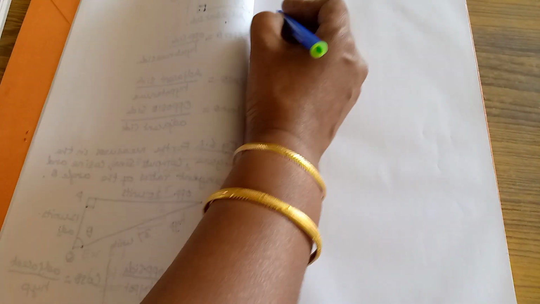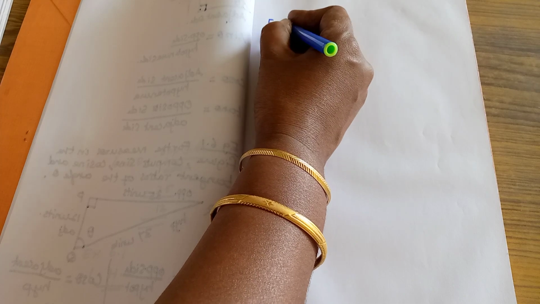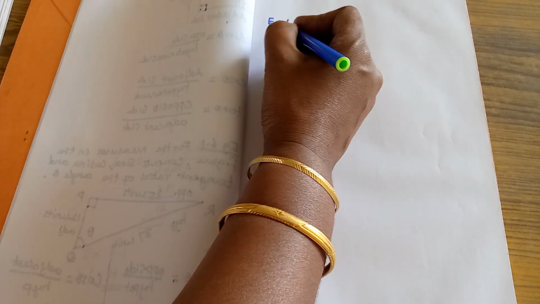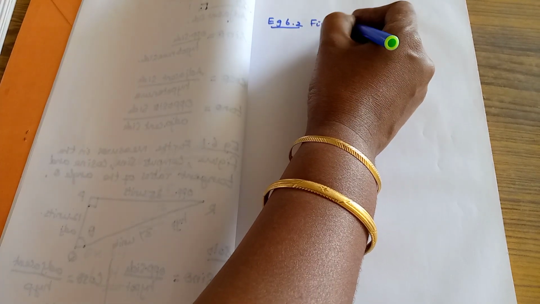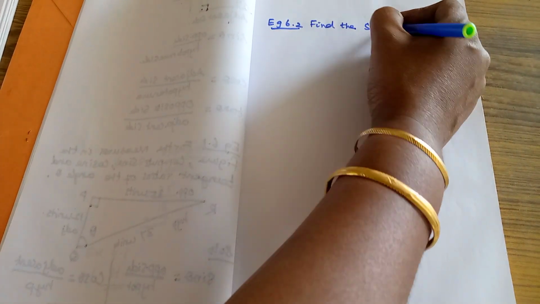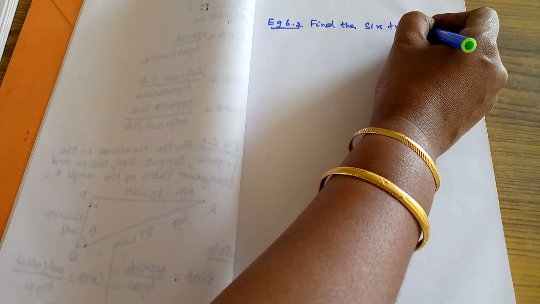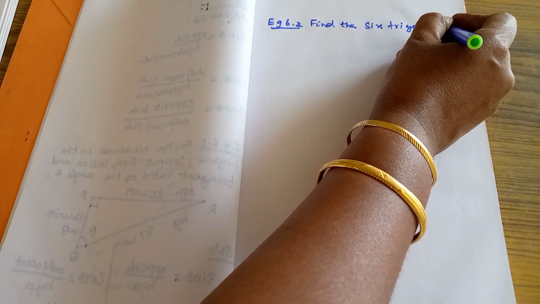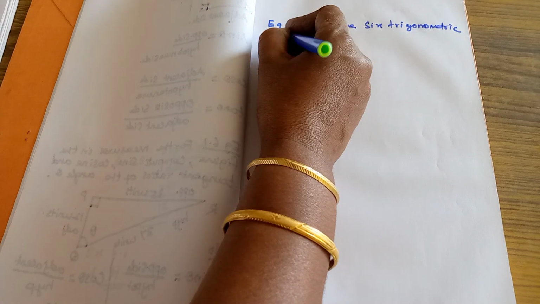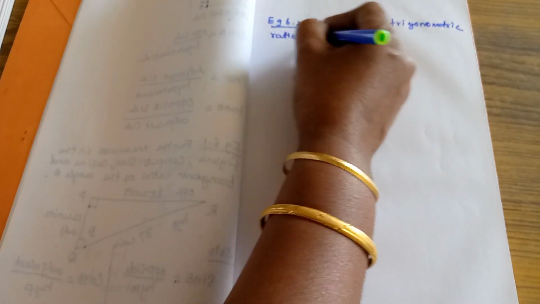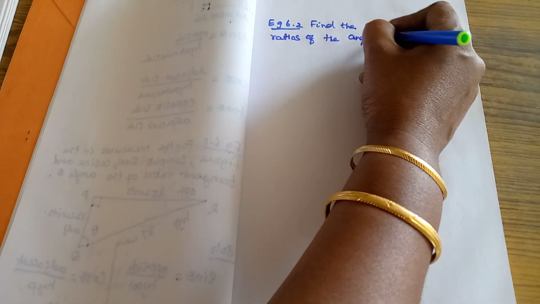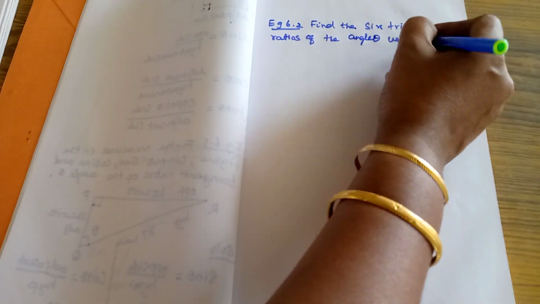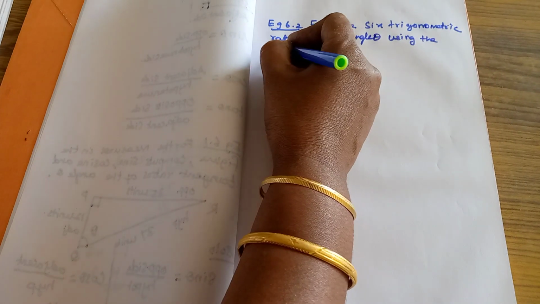Let us write example 6.2. Find the 6 trigonometric ratios of the angle theta using the given diagram.